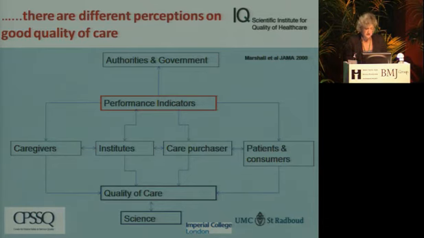For care purchasers, payable care is most important. For patients, the patient-centeredness of care is very important. For caregivers, it's important to adhere to evidence-based guidelines. And for scientists, it's important to get insight into how an organization works and how it might be improved. So there are different perspectives and different definitions of good quality of care.